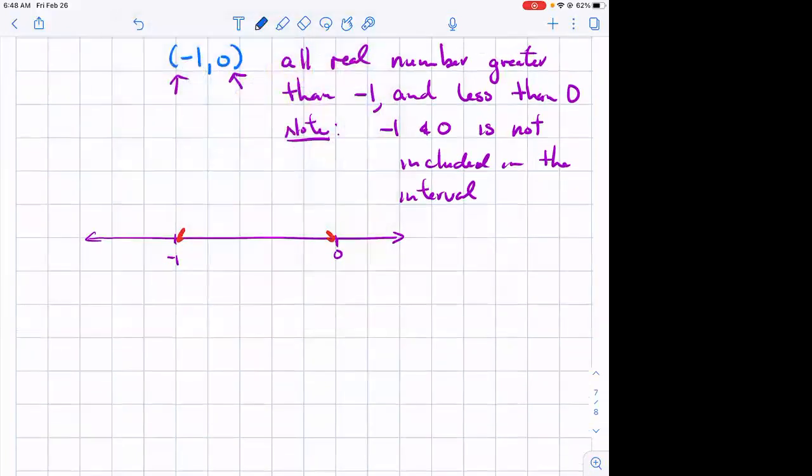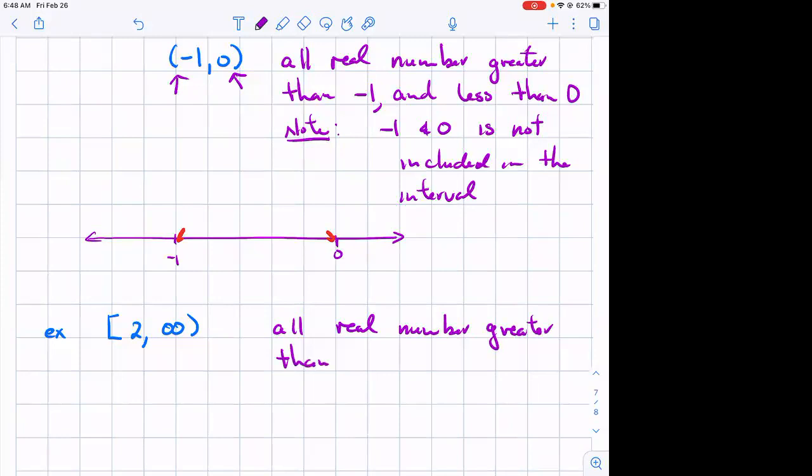For example, if we have the interval [2, infinity), here we're talking about all real numbers greater than or equal to 2, going all the way to infinity.